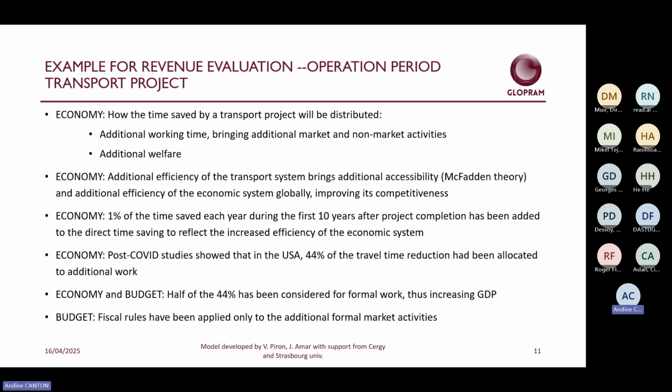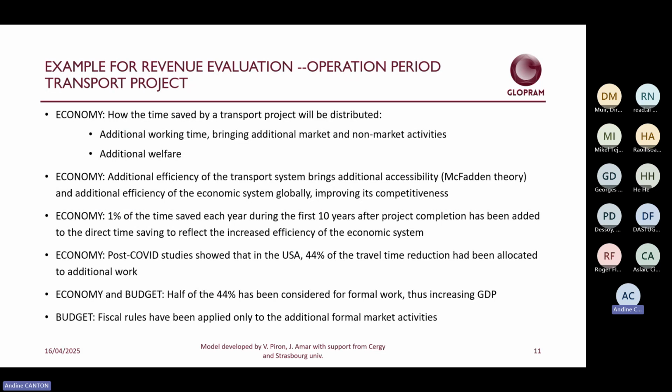If you combine economy and budget, you see that of this 44% you have to take only a part because there are formal and informal works. So in our example, I've taken only 50% of this 44% as increasing the GDP.